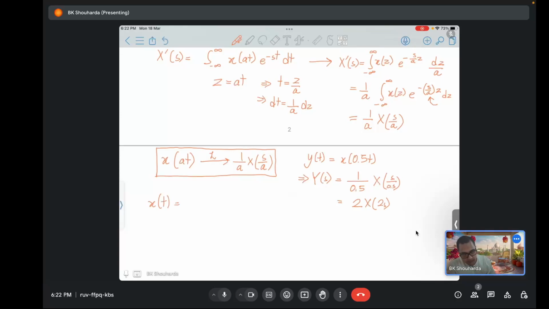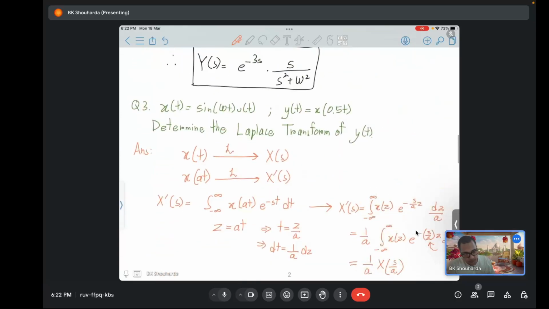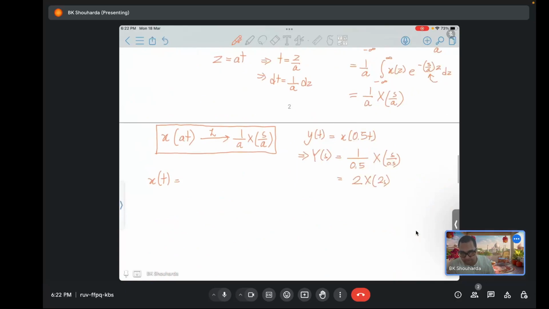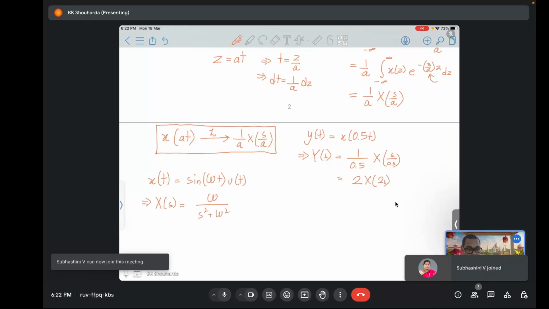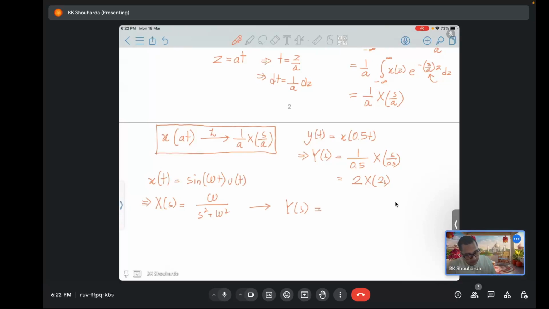What is x(t)? x(t) is sine(omega t) u(t). X(s), if you remember, I had derived in the previous class, was omega by s square plus omega square. Okay, so now what will we do? We will simply substitute: Y(s) equals 2 times X(2s).